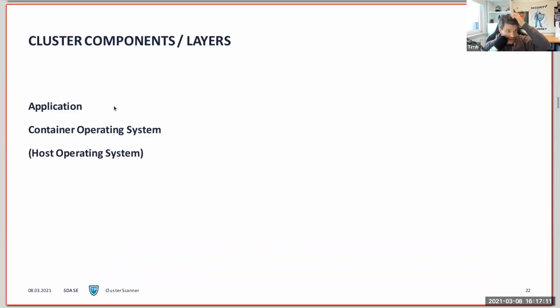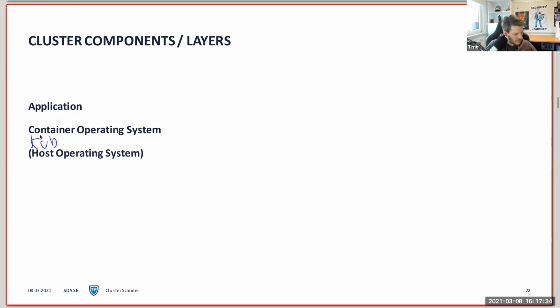To get an understanding of the different scans, we have the application, the container operating system, and obviously the underlying host system. What I care about is the application and the container operating system. With the cluster scanner, I don't take a look at the host. Maybe we can also say here is Kubernetes in between.